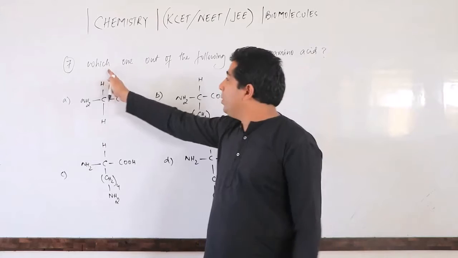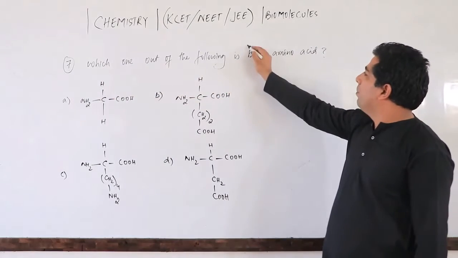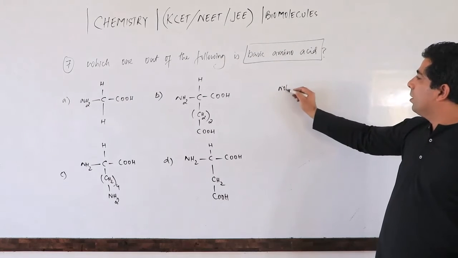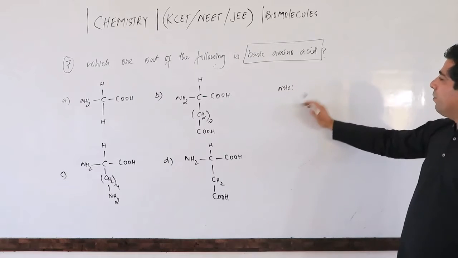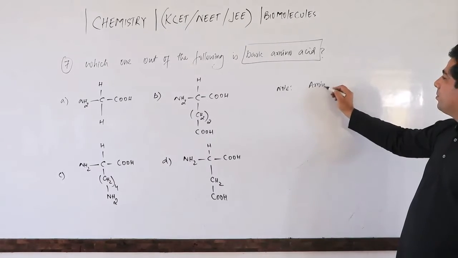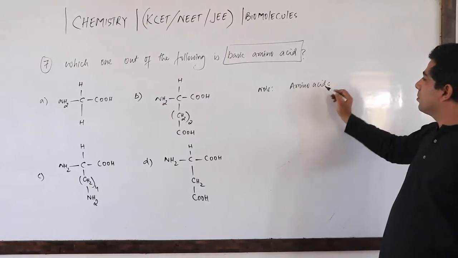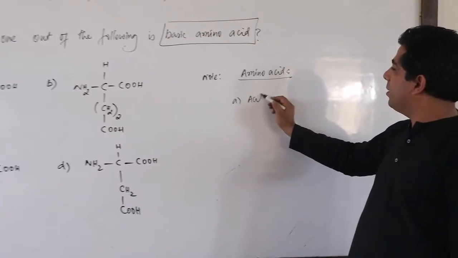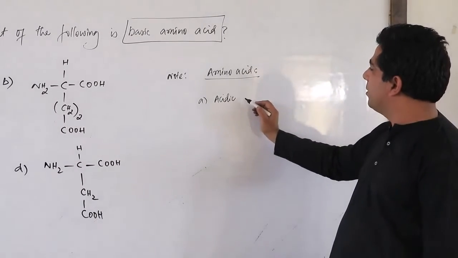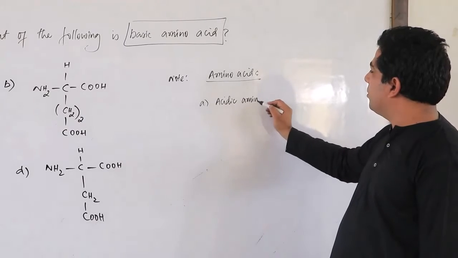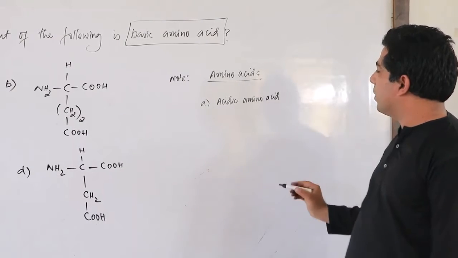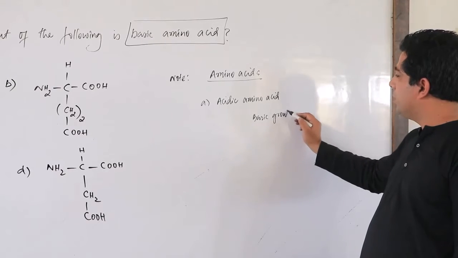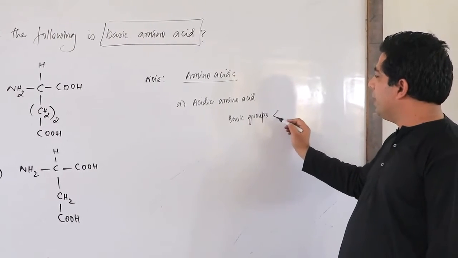Dear friends, which one out of the following is a basic amino acid? Let us see here. If I talk about any amino acid, let's suppose it is to be acidic. For an acidic amino acid, basic groups should be fewer than acidic groups.